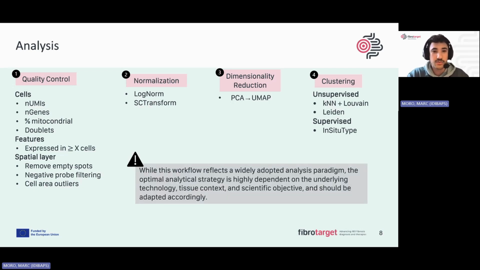I think it's also important to mention that each workflow is aligned to your data set and your technology. What we've seen with our experience is that every analysis is very different and very complex depending on what you're looking for, the data that you have, and the tissue that you have. Now, Victoria is going to talk about the clustering.